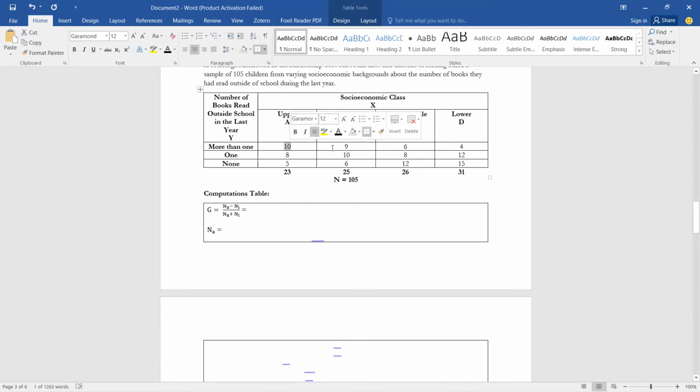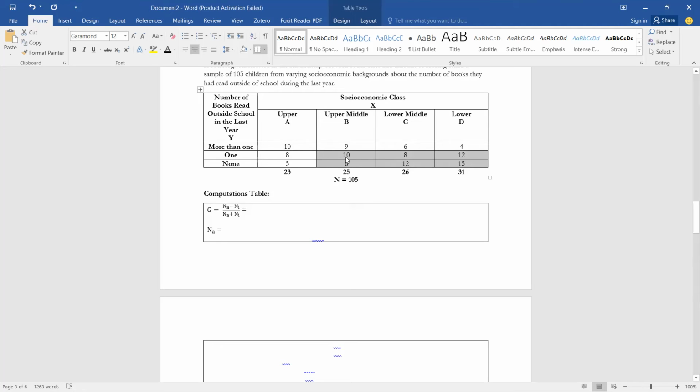So it needs to be below. So 964 is not included. Possibly these ones. But it also has to be to the right of this cell. So that will exclude 8 and 5. So in short, we need to get the product of 10 and the sum of these 6 cells. And that's basically your agreements.